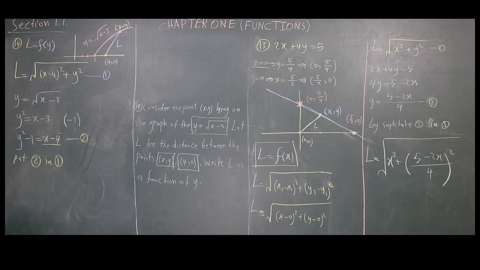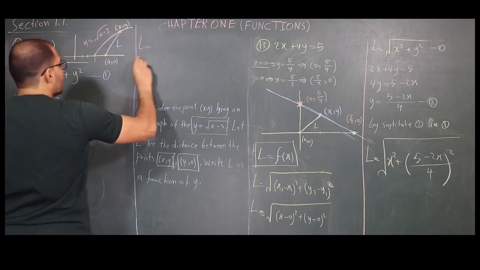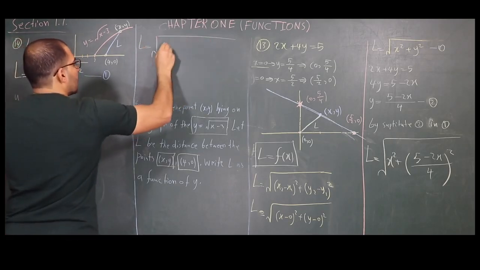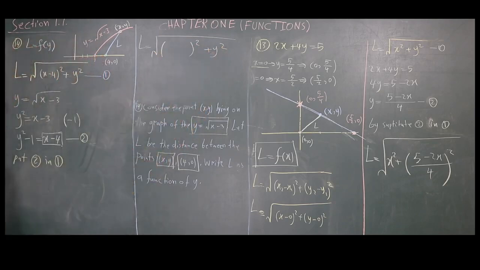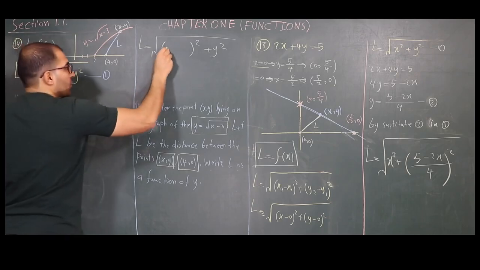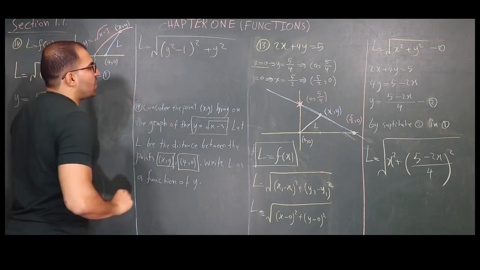The result will be, I'm going to substitute instead of x minus 4 inside these brackets, y squared minus 1, and the result will be L equal to the square root of y squared plus (y squared minus 1) all squared.